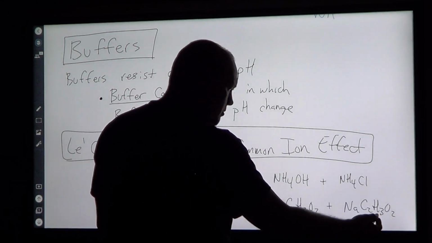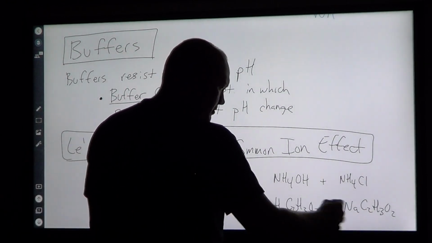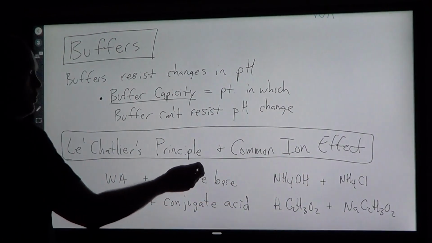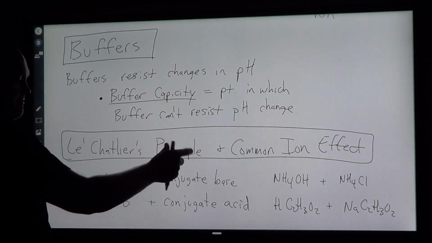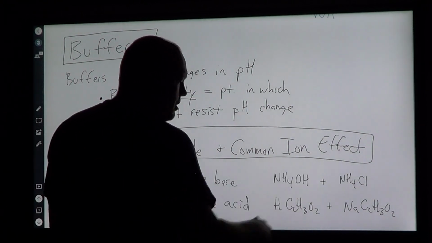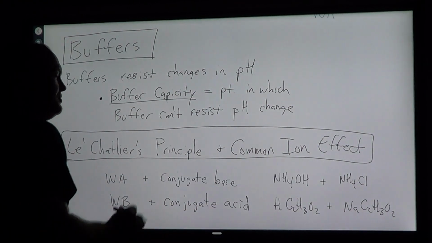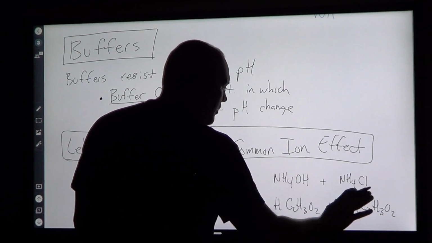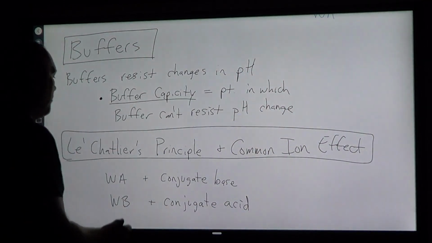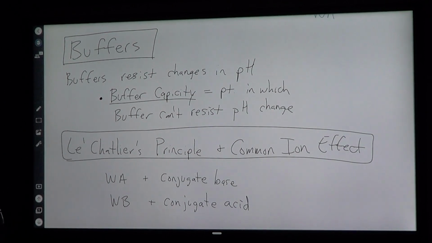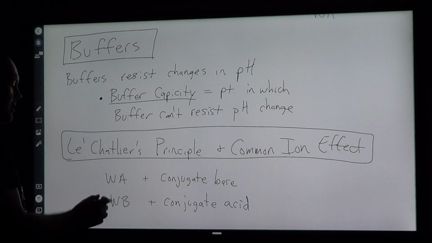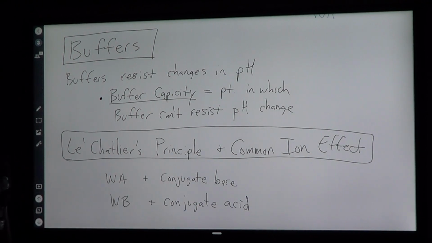These chemicals, using Le Chatelier's and the common ion effect, will keep the pH relatively constant until you use up one of the two. You don't have to go into all the math of it. You just need to know that in order for it to be called a buffer, it's got to be a weak acid with a conjugate, or it's got to be a weak base with a conjugate.